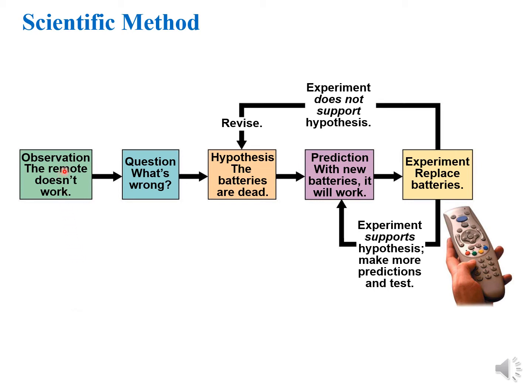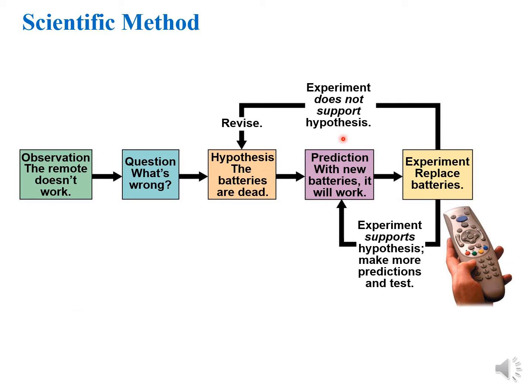So the first step is for you to have an observation, and then based on that observation, you're going to be curious and you would ask a question. You would come up with a hypothesis, which is basically an educated guess, or in other terms, you're trying to explain or come up with an answer that would answer your question.